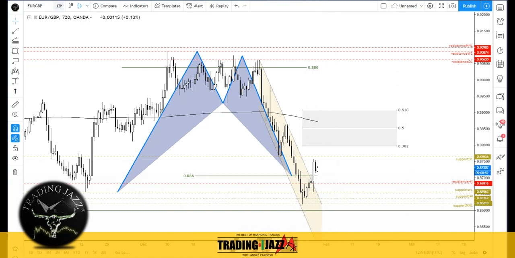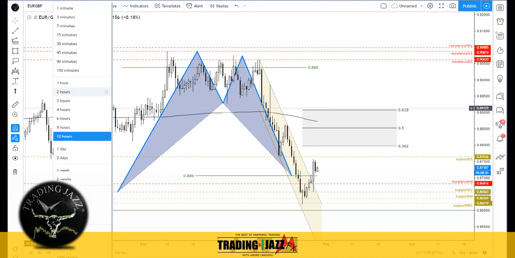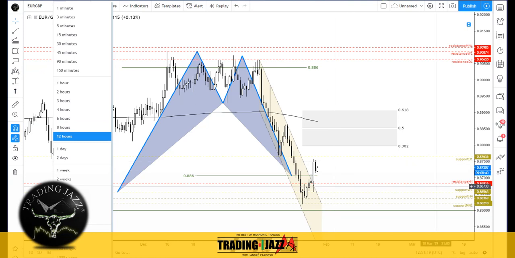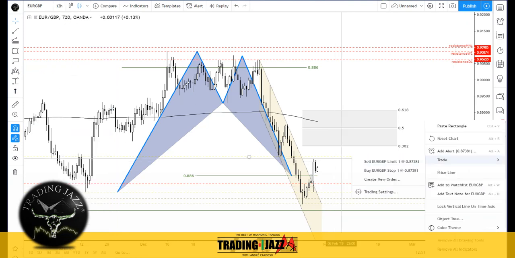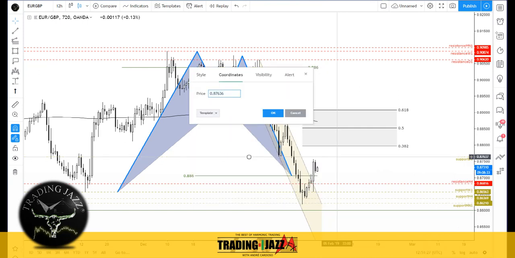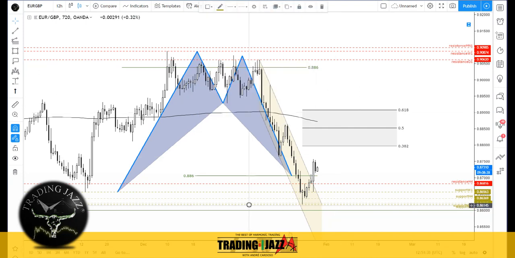Actually, let me check. This is euro versus cable. And we have daily support positioned exactly below at those bottoms.